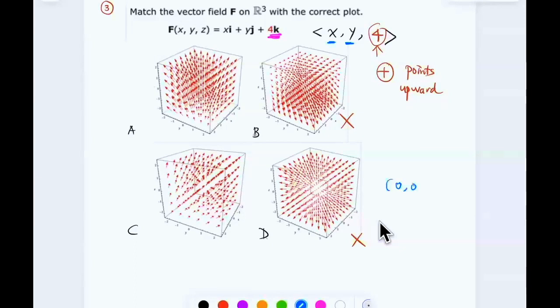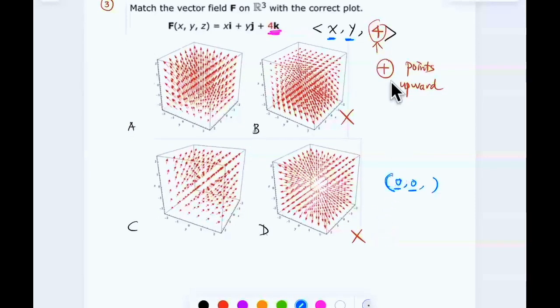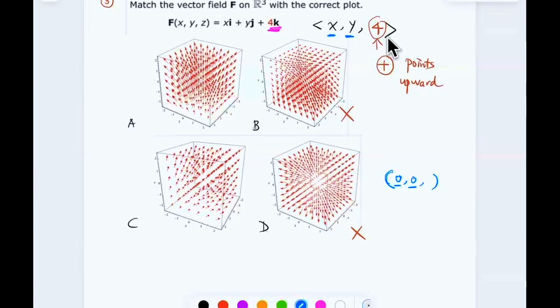When x equals 0 and y equals 0, the output is going to be 0, 0, 4.